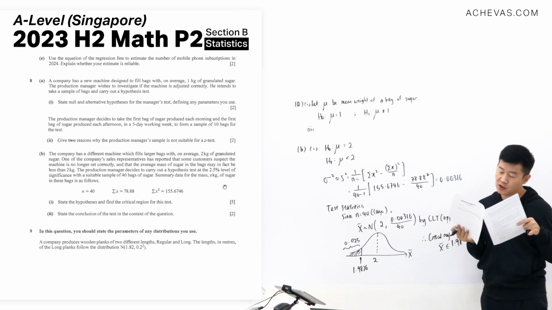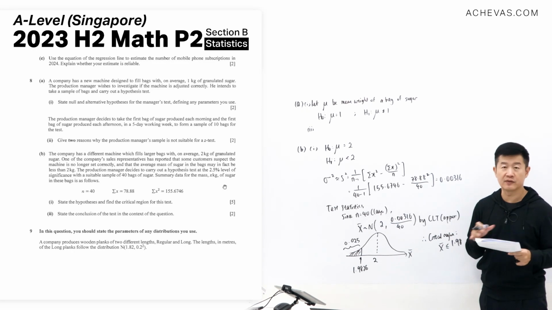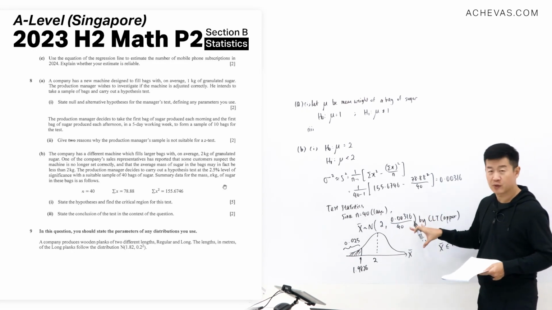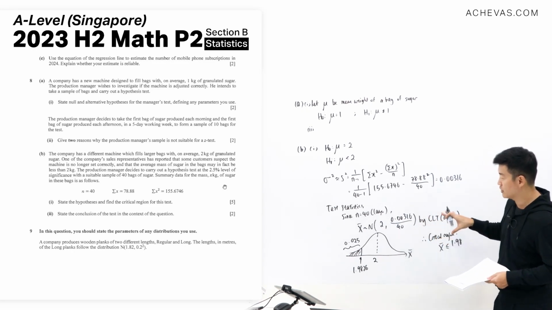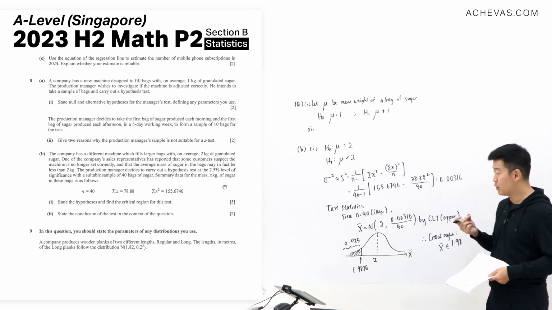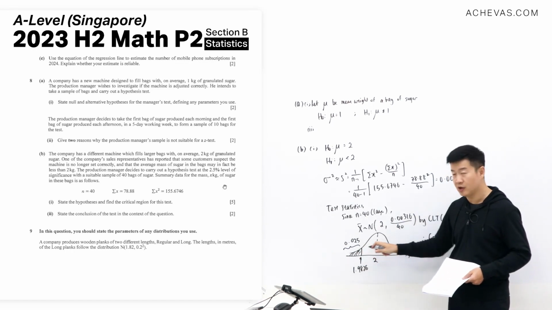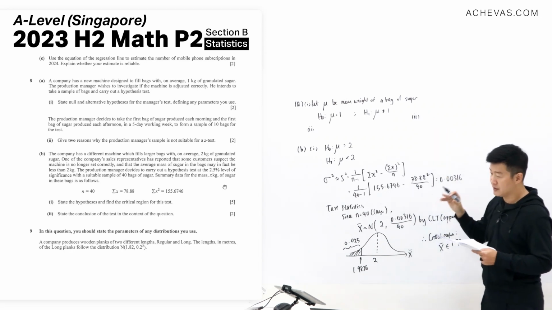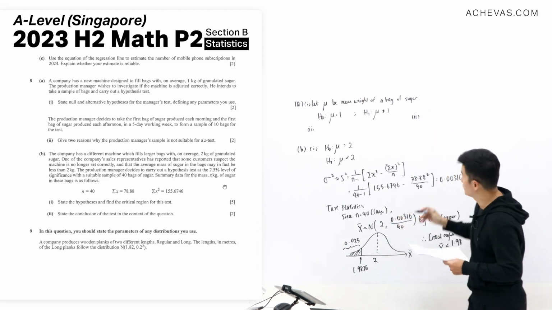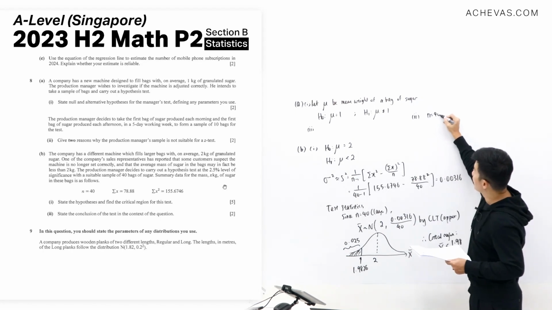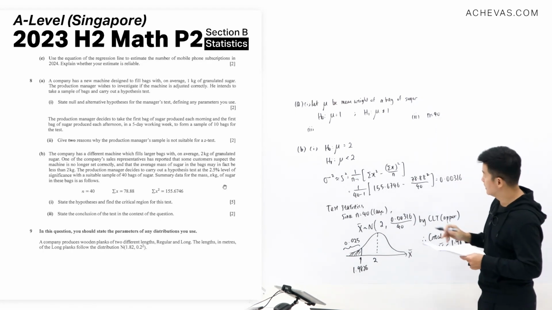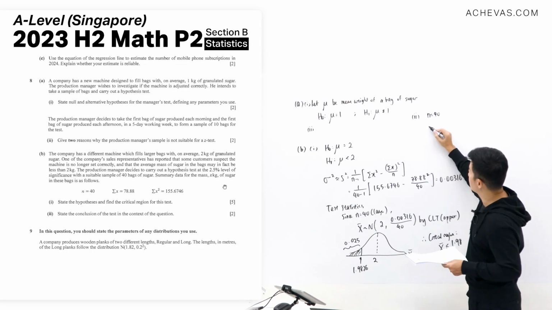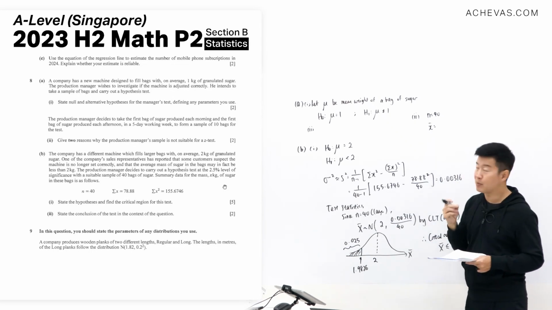And for part 2, state the conclusion of the test in the context of this question. Since we already have the critical region, what we need to do is to just check whether the sample mean is within the critical region or not. We can easily check that because according to what is given to us by the question, n is equal to 40 and summation of x is 78.88, which means that we can find x bar, the sample mean.